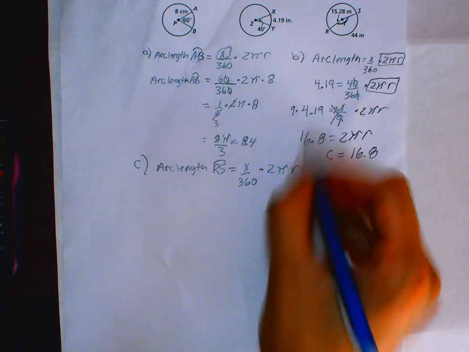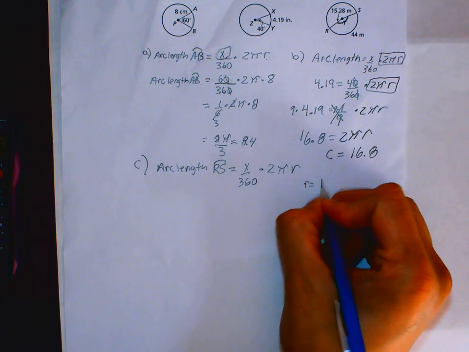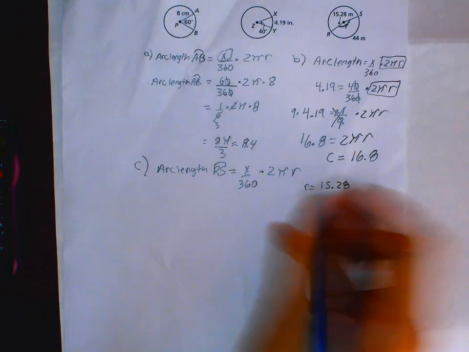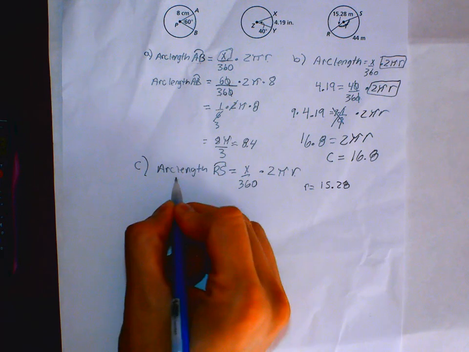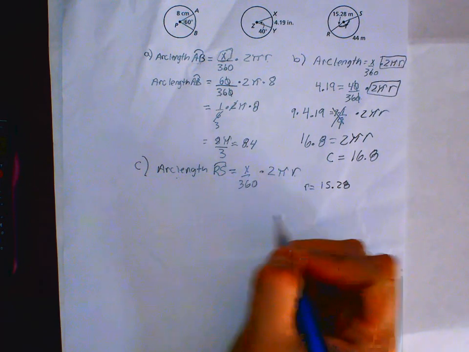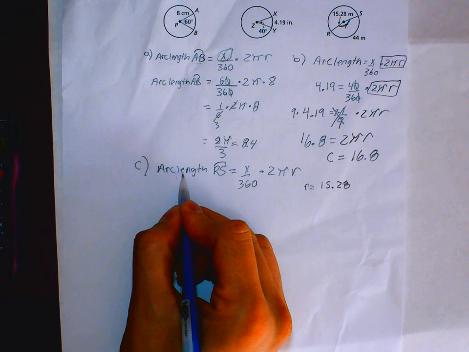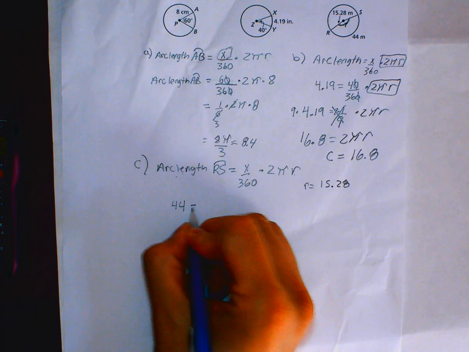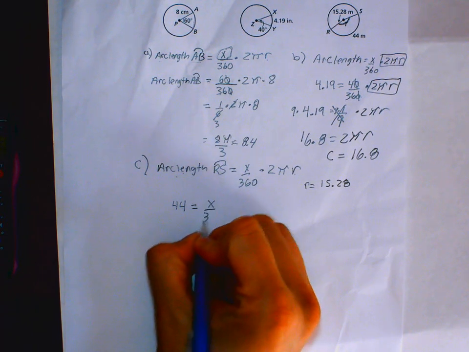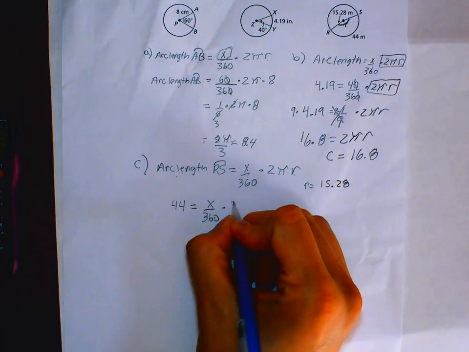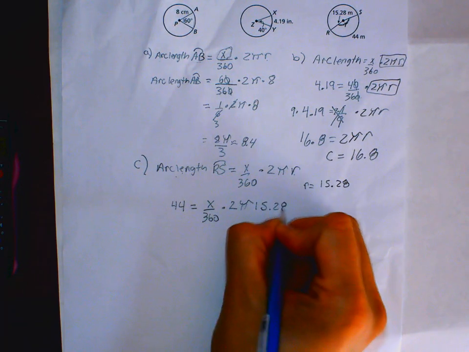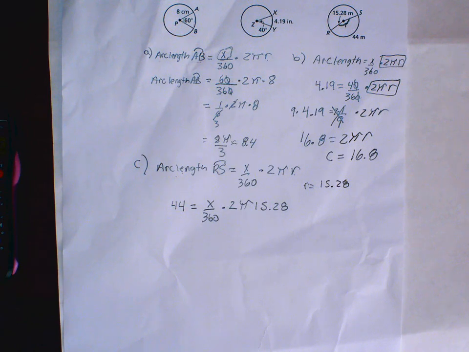Now the radius is given to me as 15.28. So we know this one. Now we also know this one. What I'm looking for is now x. So the arc length happens to be 44. And the radius is 15.28. So there is a lot of simplifying to do before we even do anything.